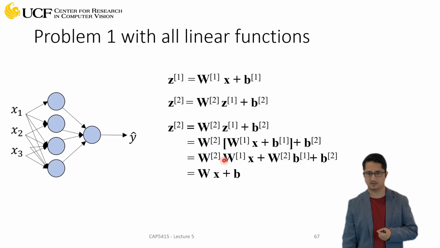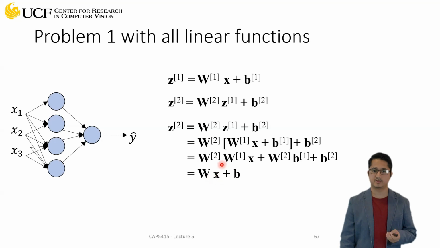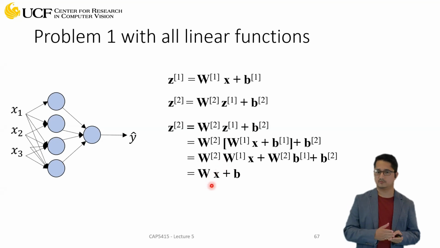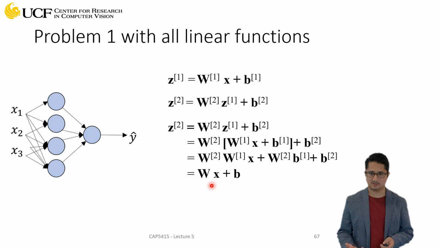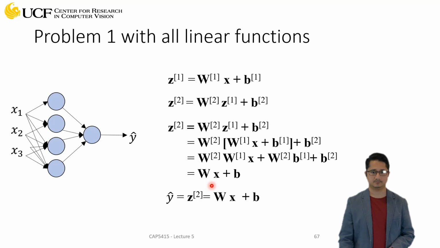Let's name that B. And whatever output you're getting from the multiplication of these two matrices, let's call that W. So you can see that the formulation is exactly the same as a single layer, right? So even if we add 2 layers, if you try to solve that, it reduces to a single layer. Which means that it doesn't matter how many layers you add, it's still going to be a single layer neural network. Okay, so let's see how we can resolve this issue.